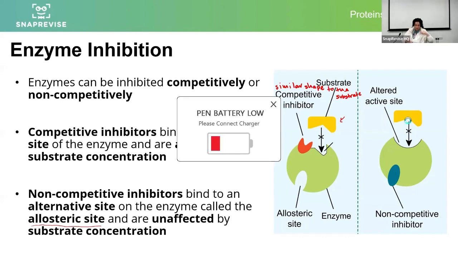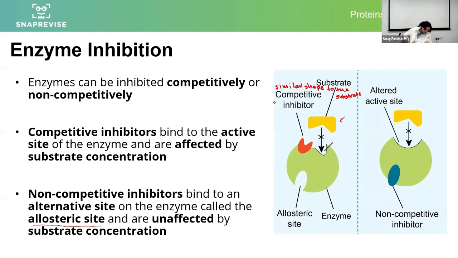And so they will be unaffected by the substrate concentration. You can add all the substrate that you want. If the active site doesn't have the correct shape to bind the substrate, you've got no reaction.